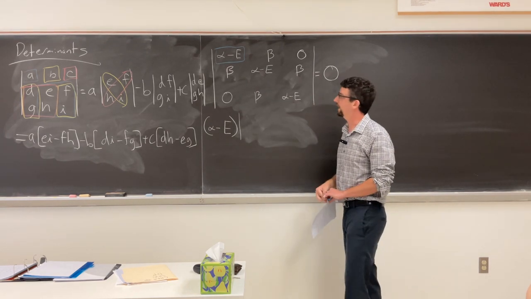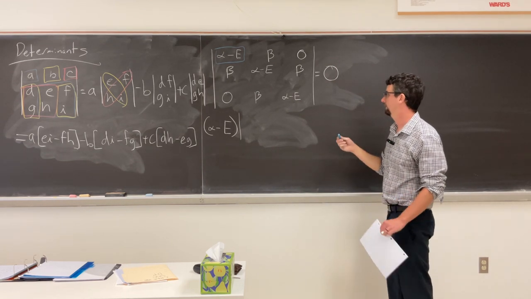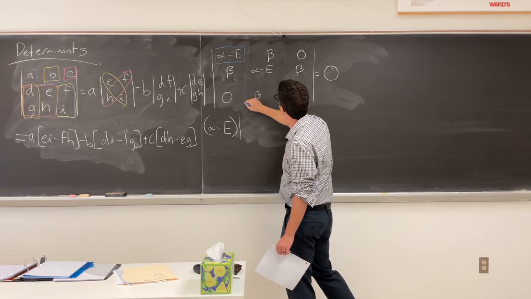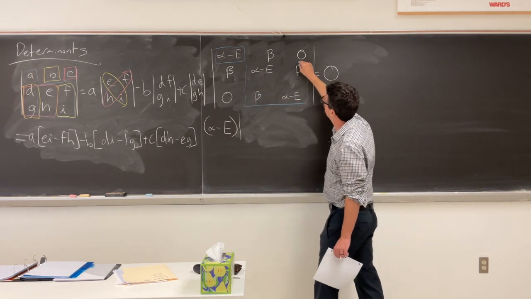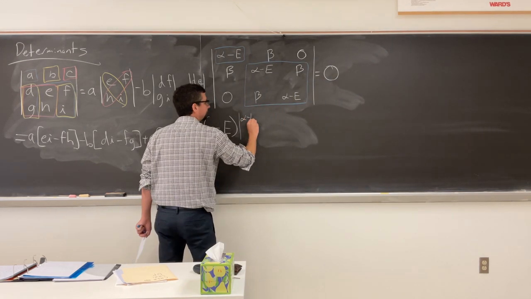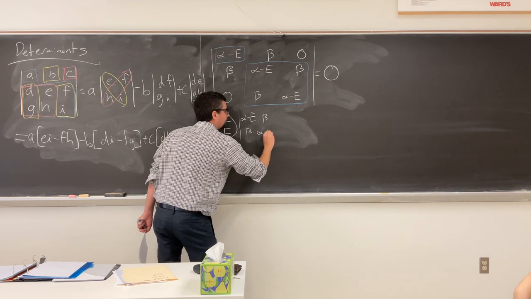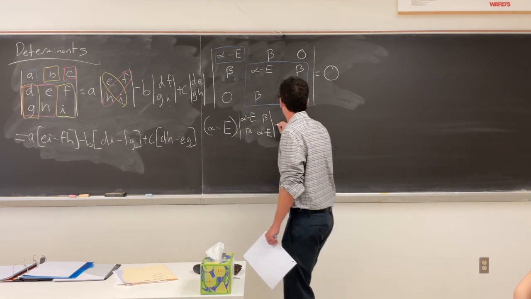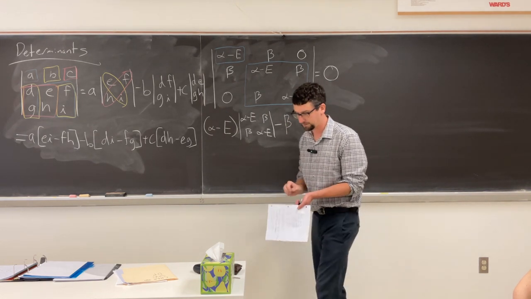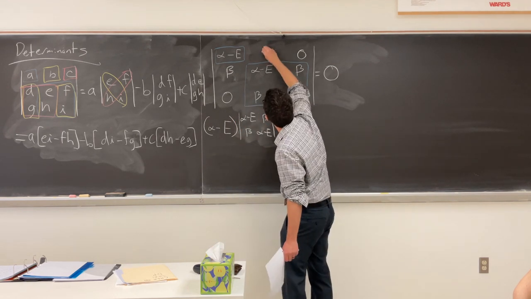What determinant do we have to deal with for that one, for the blue? We got that 2 by 2, right? Okay, minus beta. What's in beta's determinant?